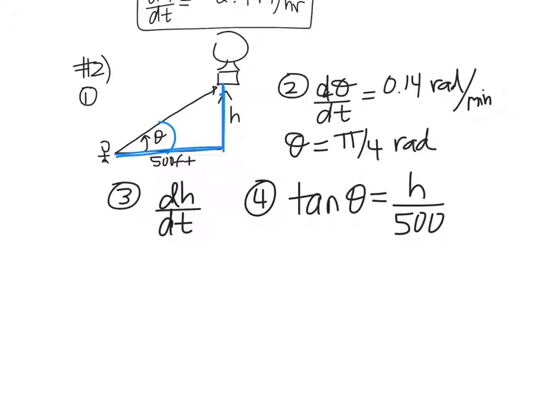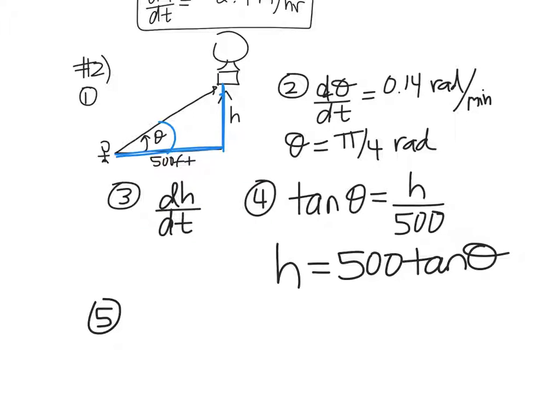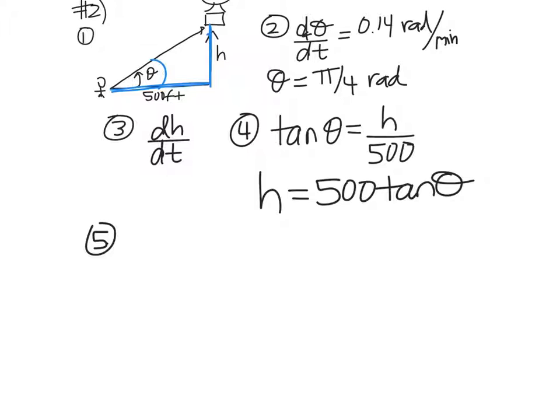Sometimes. And so that means that h would equal, let's solve for h. h is 500 times tangent of theta. So that would be the answer to number 4. That's the equation that we have to differentiate. No product rule. You are going to need to do chain rule in a way. I'll show you what I mean.